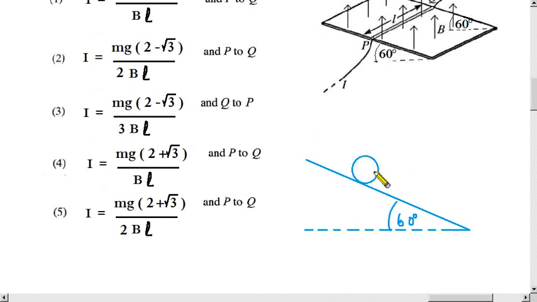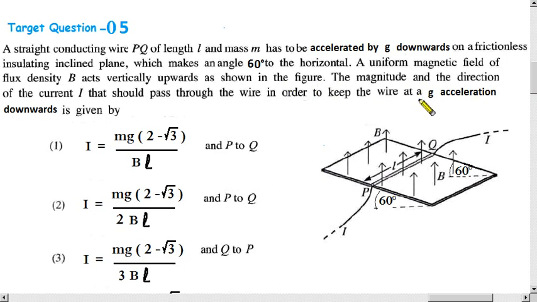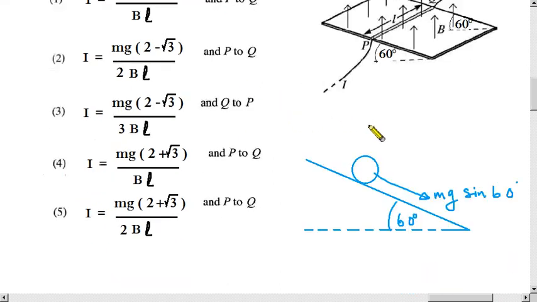So already we have mg sin theta, sin 60, downwards. Then what they want us to do: acceleration equal to g downwards, so a equals g downwards like this.